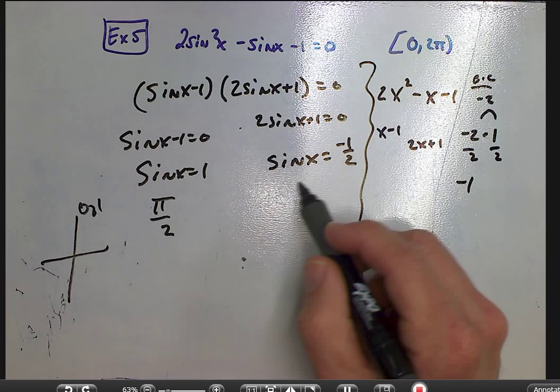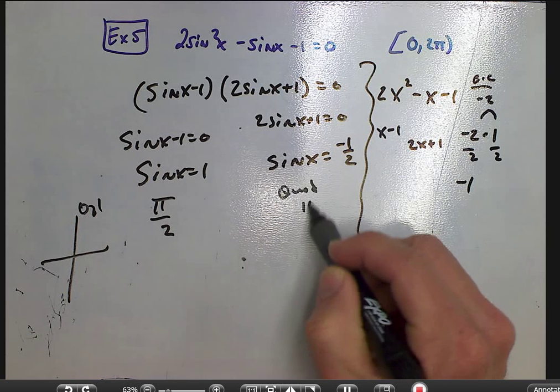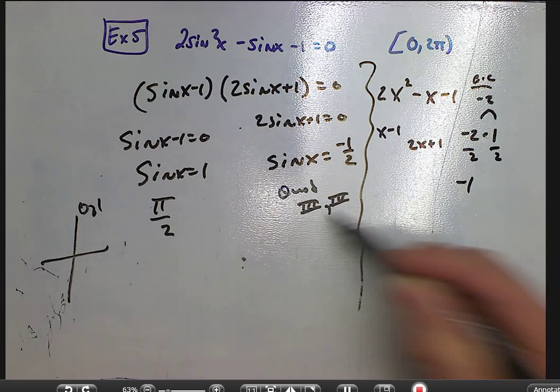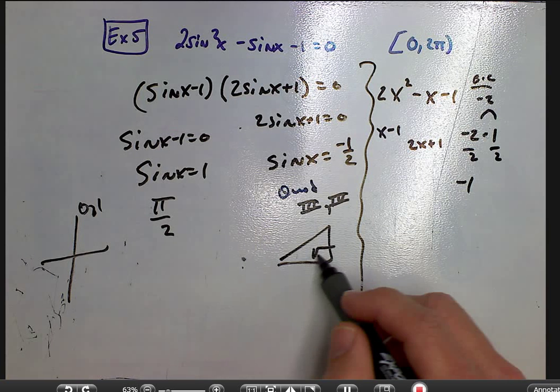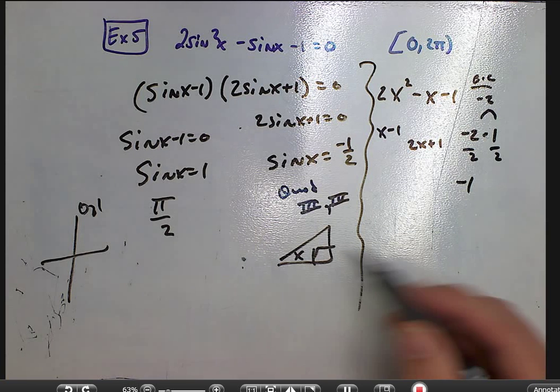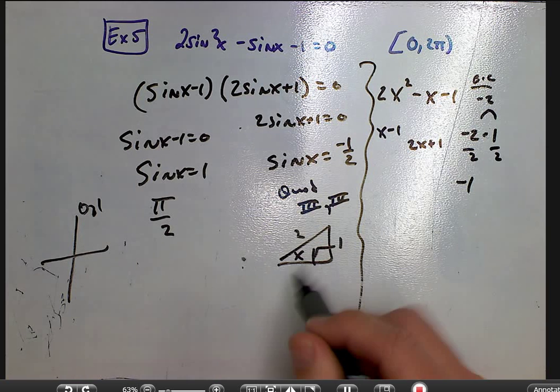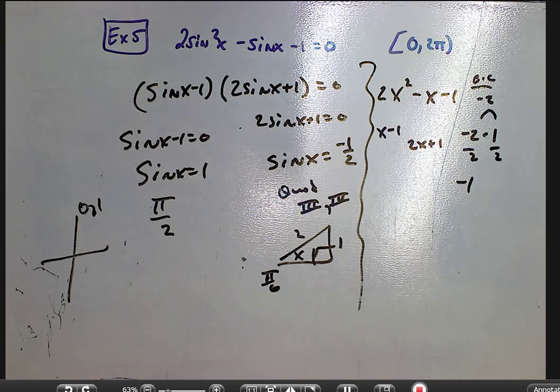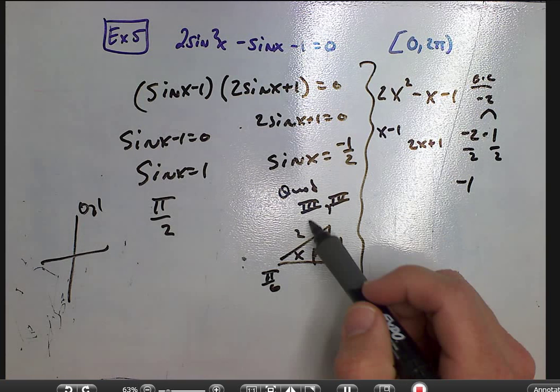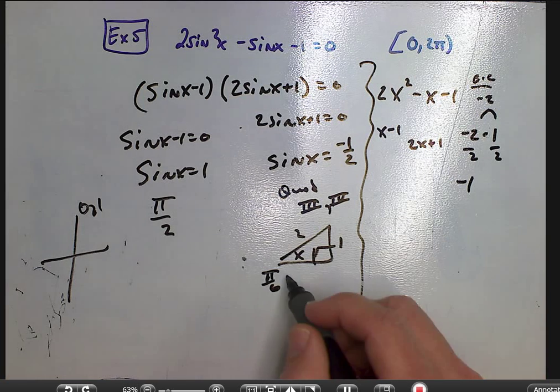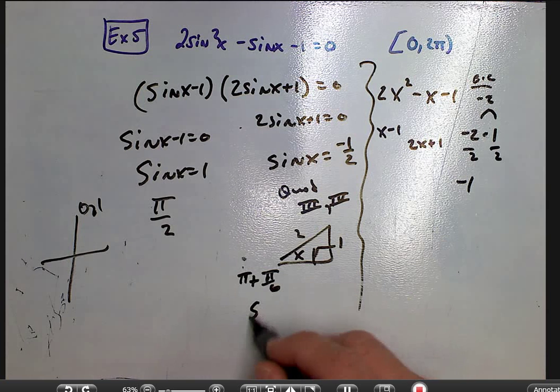First thing we know is it's quadrant 3 and 4. Draw my triangle because I like to draw triangles. There's x, opposite 1, hypotenuse 2. We know that's pi over 6 because it's 30 degrees. But it's going to be quadrant 3 and 4. So for this, I'm going to take pi and add it to pi over 6 to get 7 pi over 6.